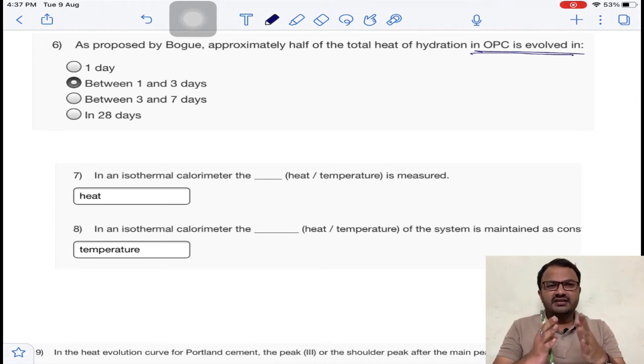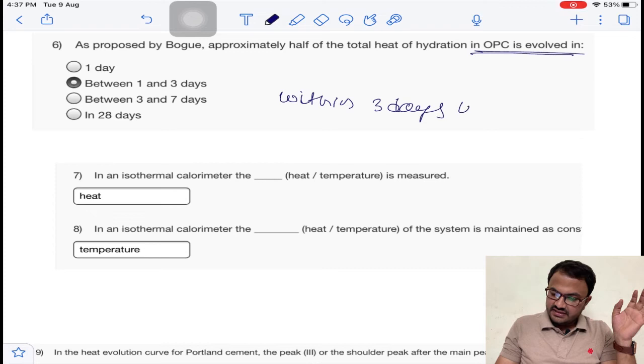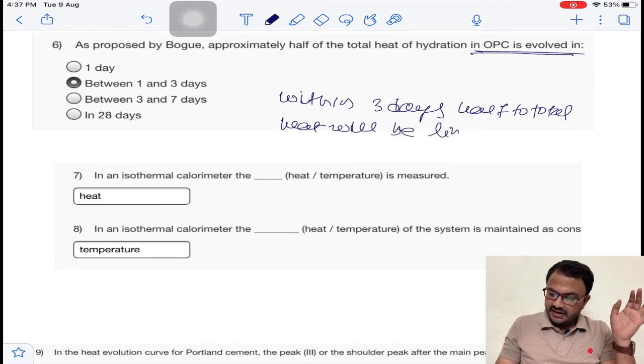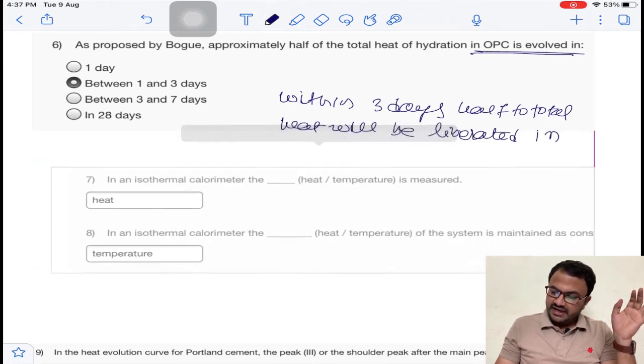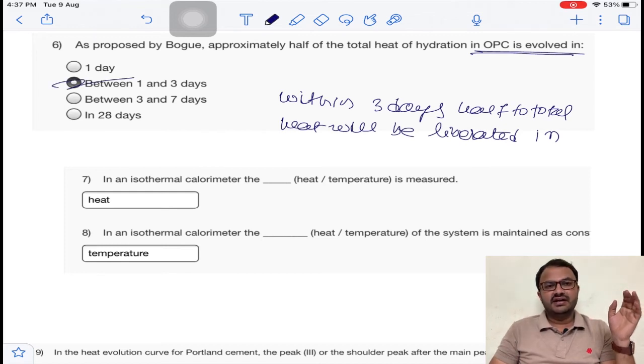Within 3 days, half of the total heat will be liberated. Clear? So the answer is between 1 to 3 days.